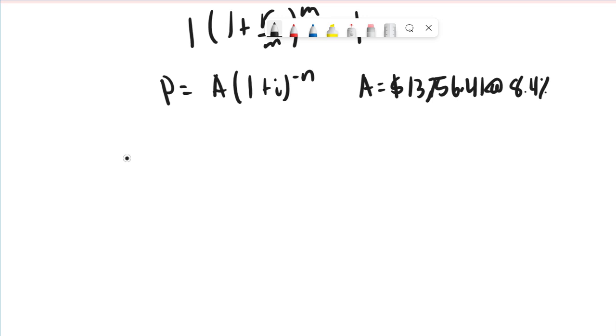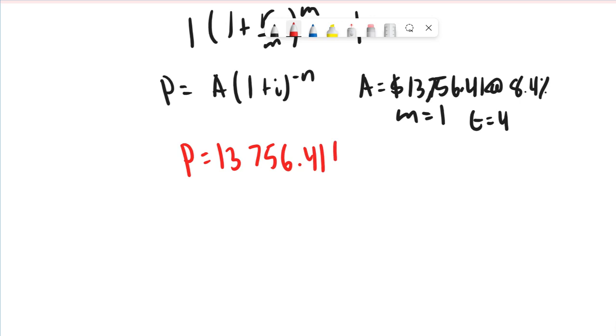Why not? And this is compounded annually, so we'll use m equals 1, and t equals 4. Okay, so in this case, I might want to find the principal value of this amount by saying that we have 13,756.41 multiplied by 1 plus 0.084 divided by 1, raised to the 4, is it not? Yeah.